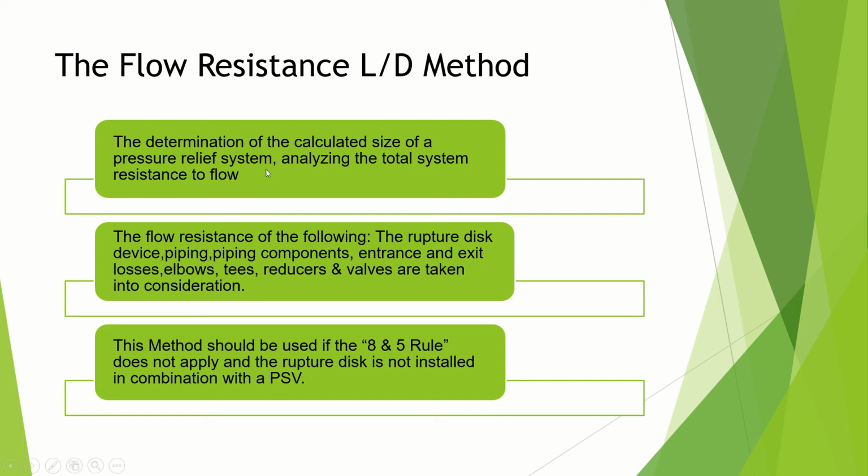According to this method, the flow resistance of the following items is considered: the rupture disc device, piping components, entrance and exit losses, elbows, tees, reducers, and valves are taken into consideration in the flow resistance L divided by D method. Also, when we use this method, the 8 and 5 rule does not apply, and when the rupture disc is installed in combination with the PSV, this method cannot be used.